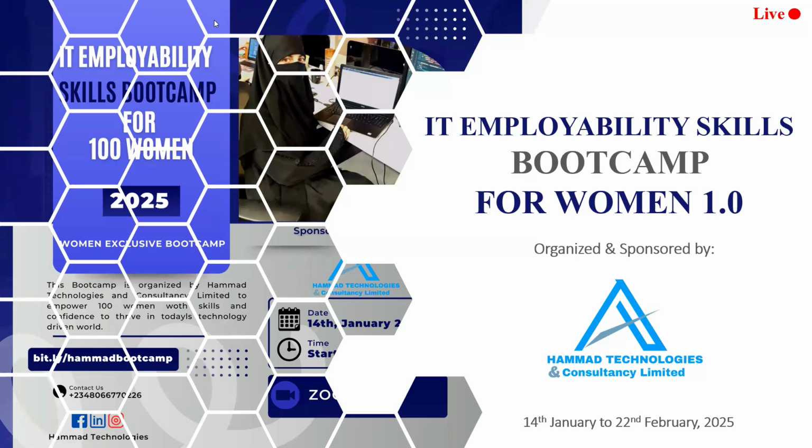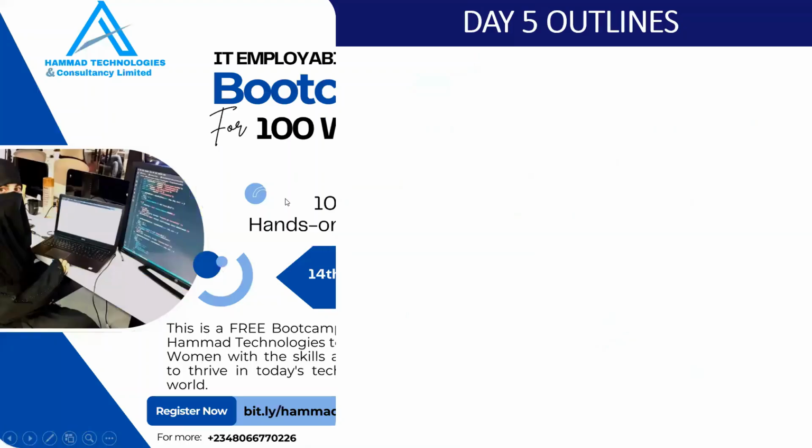As always, we are going to start by showing our outlines, and today's outlines goes like this. We are going to have a recap on day 4, that is what we have covered yesterday. Then we are going to talk about Microsoft Word, the menu bars.